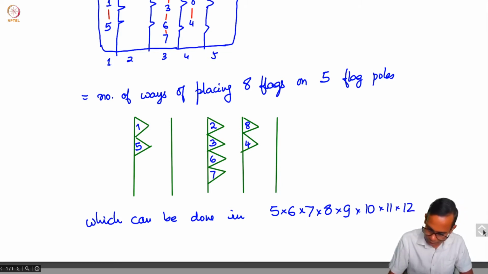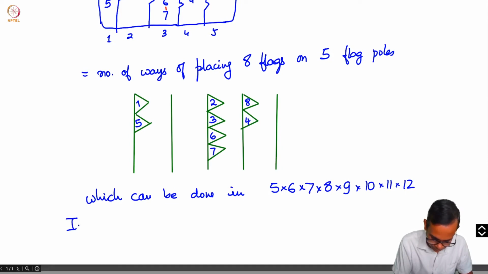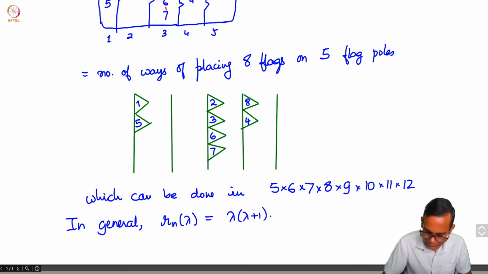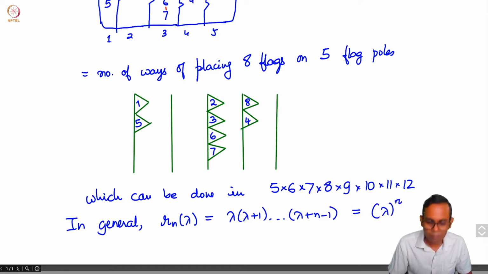So in general, you can show that Rn lambda in this case is lambda into lambda plus 1 into lambda plus n minus 1, which is called the rising factorial, lambda upper n.